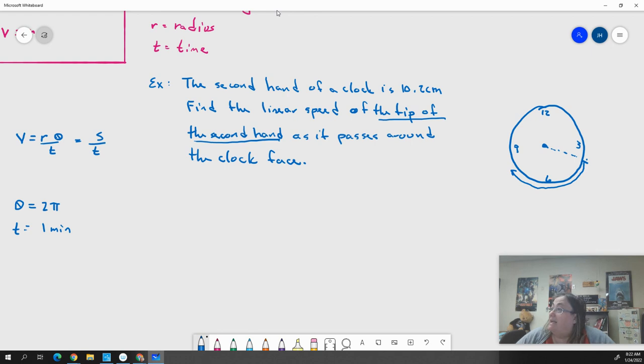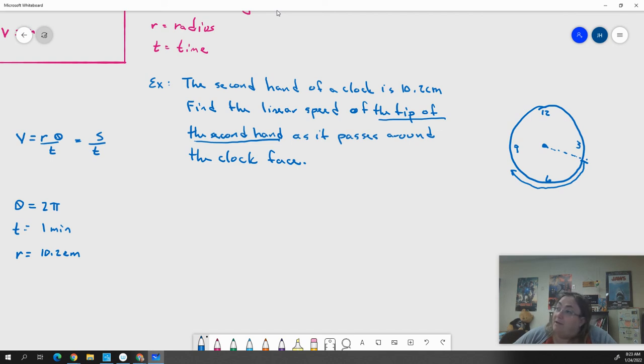The second hand of the clock is 10.2 centimeters. So that radius starts here, goes here. Our radius is the length of the second hand, and so our R equals 10.2 centimeters. We have all of the bits of information here.